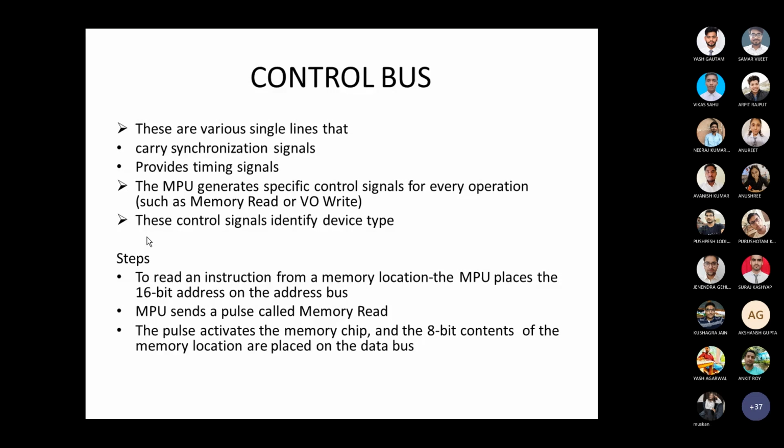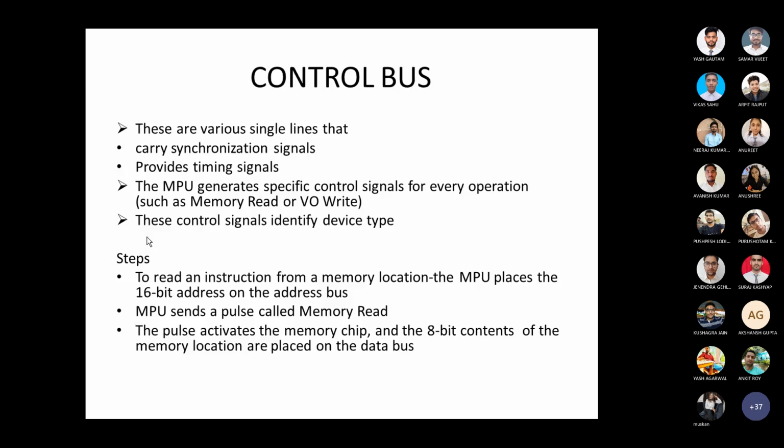And suppose this instruction provides some information to load the data from a particular location, then the microprocessor places a 16-bit address on the address bus, and the data available at that address will be identified.